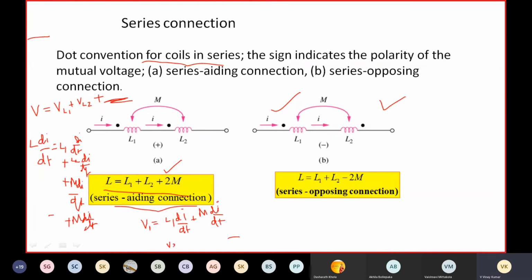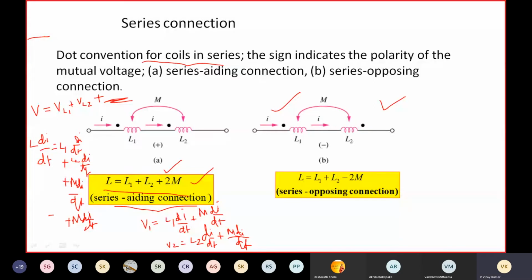V2 is equal to L2 di by dt plus M di by dt. Then if you add both voltages, V is equal to V1 plus V2, then you are going to get this: L equivalent dI by dt is equal to L1 dI by dt plus L2 dI by dt plus M dI by dt plus M dI by dt. That is, L is equal to L1 plus L2 plus 2M.